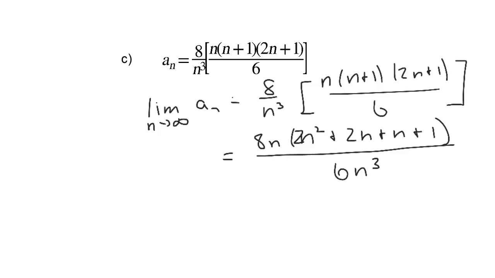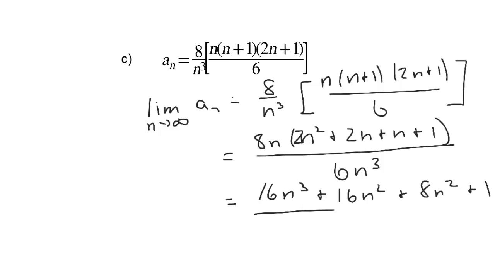So I multiplied 8 times n to get this. And then I multiply n cubed times 6 to get 6n cubed in the denominator. Now I'm going to distribute the 8n through to every term in the numerator. And that's 16n cubed plus 16n squared plus 8n squared plus 1 over 6n cubed.